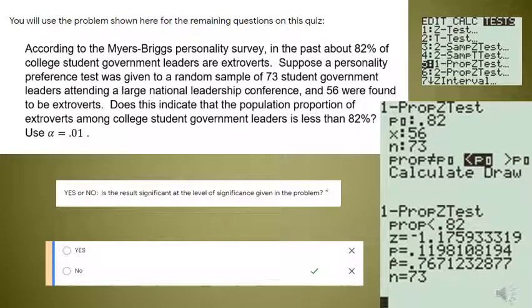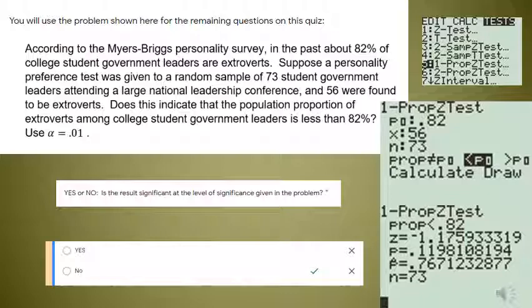Pretty much any hypothesis test, the final question boils down to yes or no, is this significant? In another stat class you might end up in later on, they might ask you the question like, can you reject the null hypothesis? It's the same question, it's just phrased differently.